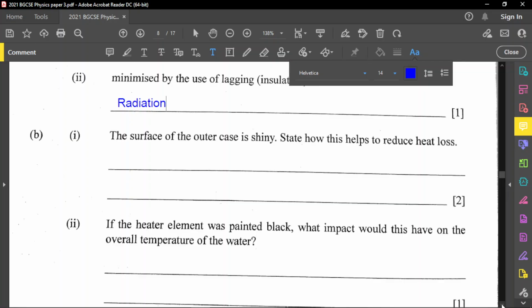So if the outside case is shiny, it will reflect heat, or reflect radiated heat. So let's say it reflects radiation or reflects heat. All right, and let's put radiation in brackets, or radiated heat, if you want to say that.